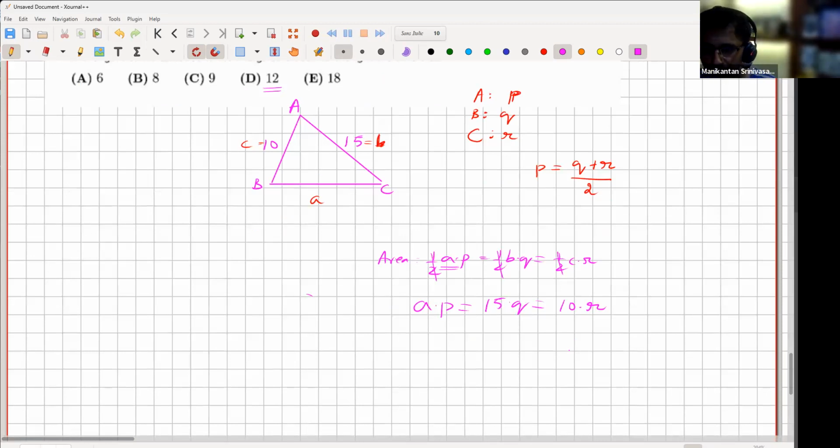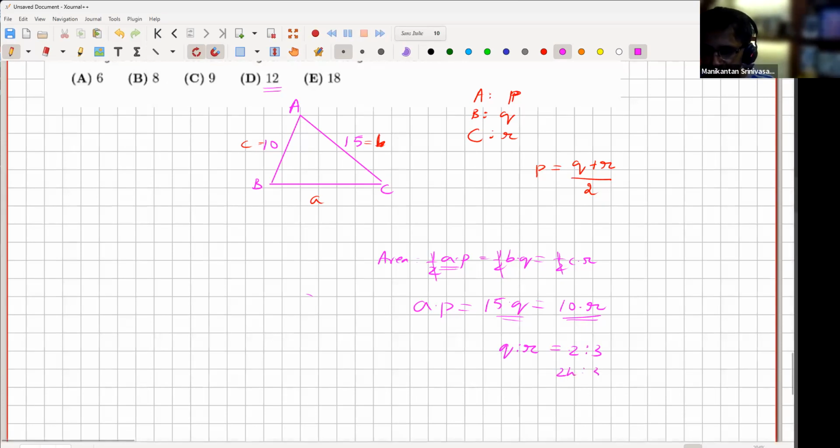So Q is to R is 2 is to 3, because 15Q should match 10R. Which means, let's call it two parts, let's say Q is 2H, and this is 3H.